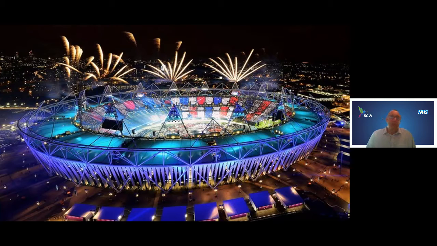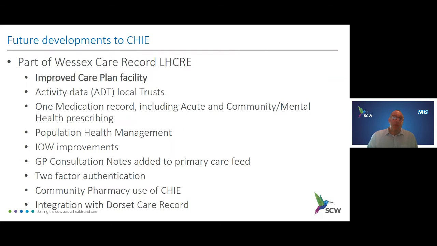Okay, so if we go on to the next slide. We're obviously not in the business of sitting on our laurels. We think we've done a reasonable job so far, but we think that there's an enormous amount that we still want to do. We're part of the Wessex Care Records LHCRE, and under that programme, we've got quite an ambitious programme of work for the next period.